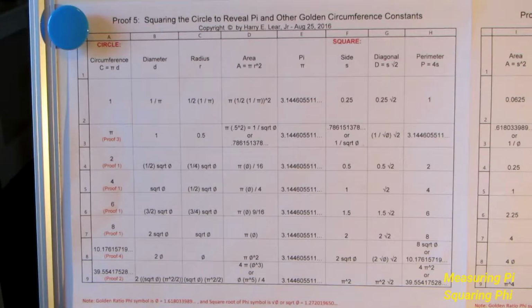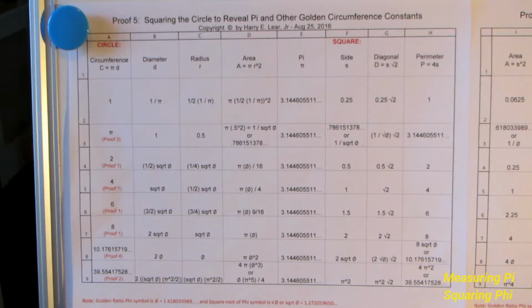So we ask ourselves, once we square the circumference of the circle to the perimeter of the square, and I did it for all of the circles in the various proofs listed here, are there any other constants for the attributes of the circle relative to the square? And what we discovered was that yes, indeed, there are.